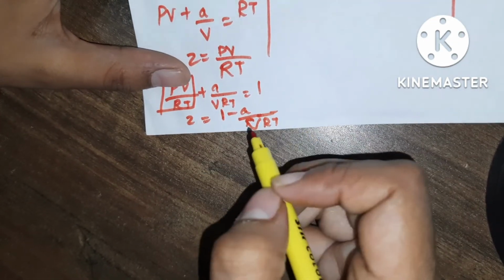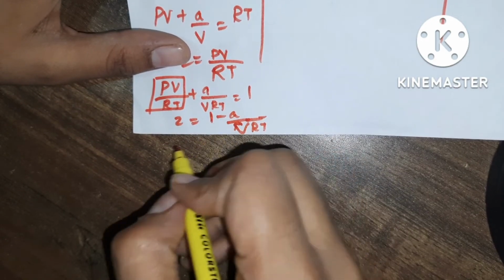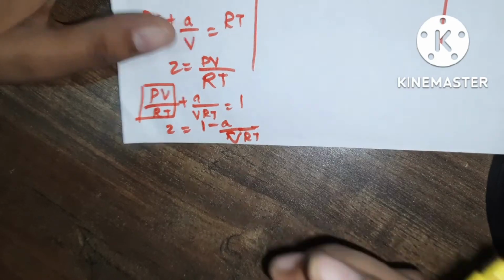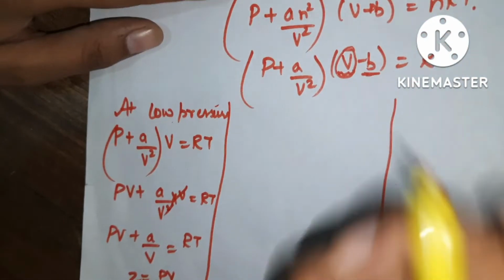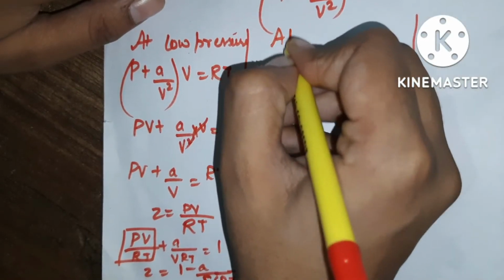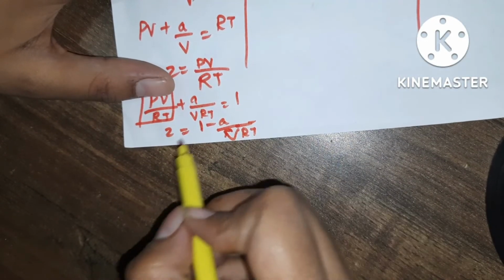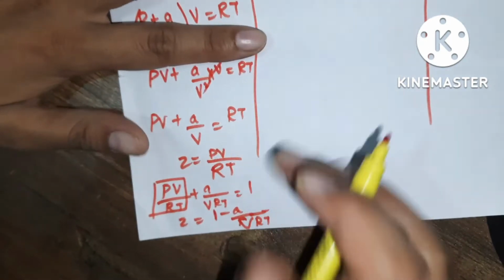I have already discussed that when the attractive forces are high, Z is less than 1 and the gases are more compressible. This means that if the attractive forces are more, Z is less than 1.